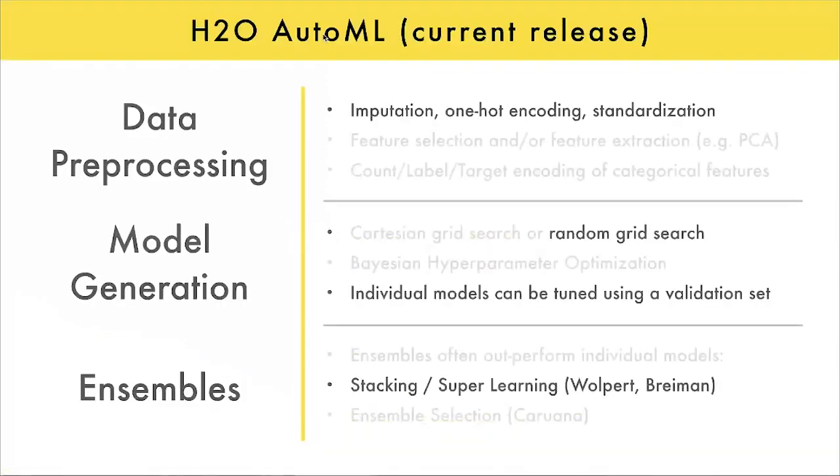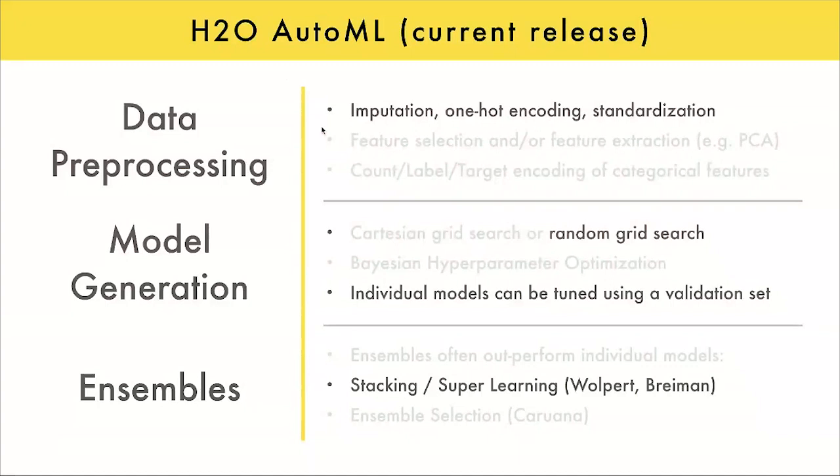So here's that same slide from before, and this time I've highlighted some of the things that we have in H2O AutoML. For data preprocessing, we have imputation, one-hot encoding, and standardization, but we get that for free because all of H2O's algorithms already have that.